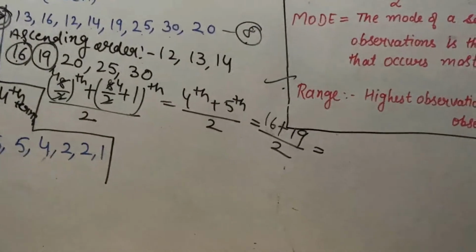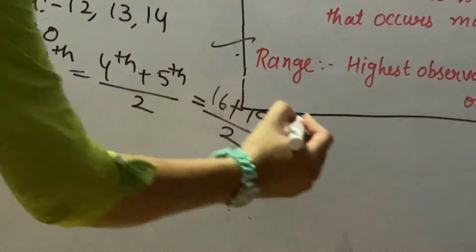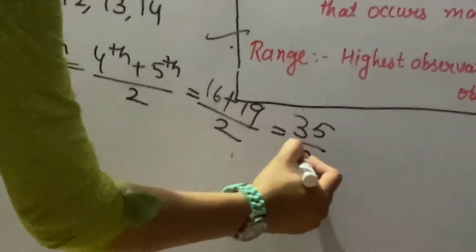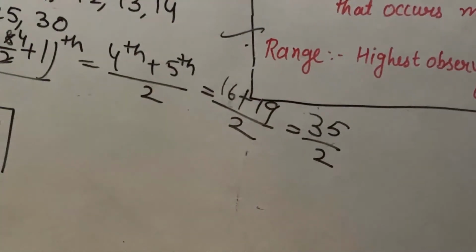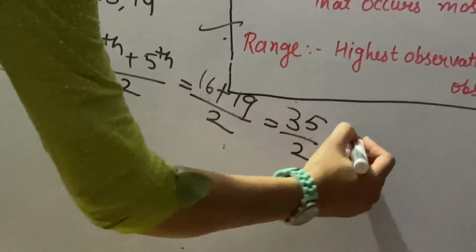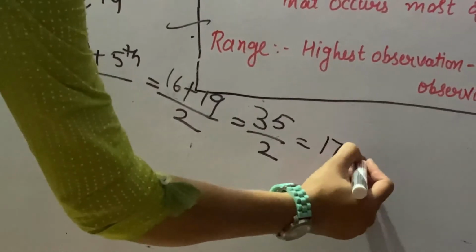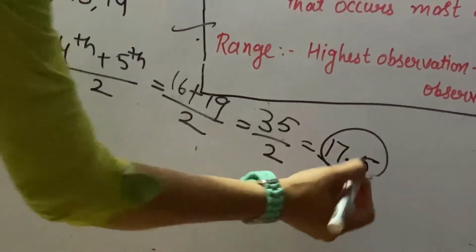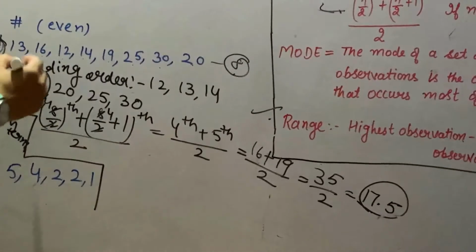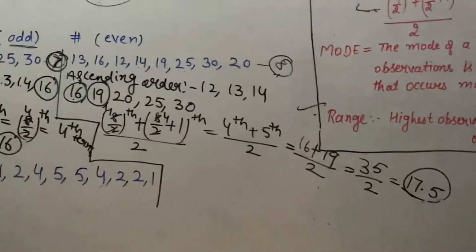Add 16 and 19, we get 35 divided by 2. When we divide 35 by 2, we get 17.5 in place of the 14.5 spoken, wait: 2 ones are 2, 2 sevens are 14, giving 17.5. This is the median when n is even.